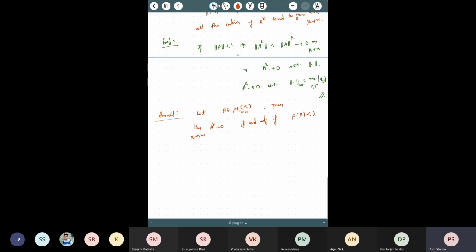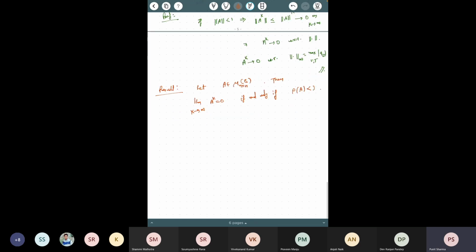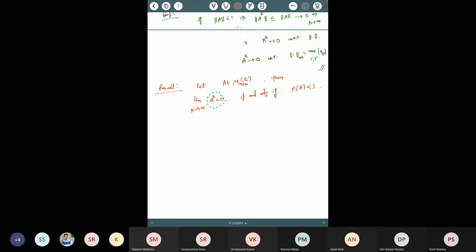This is very interesting because now we have the condition on matrix A itself. If we have a matrix A, we can quickly look at the spectral radius, that means the largest eigenvalue in modulus. If that is less than 1, then I can say that this term goes towards 0. So we have a criterion for saying when the sequence A to the power k tends to 0.